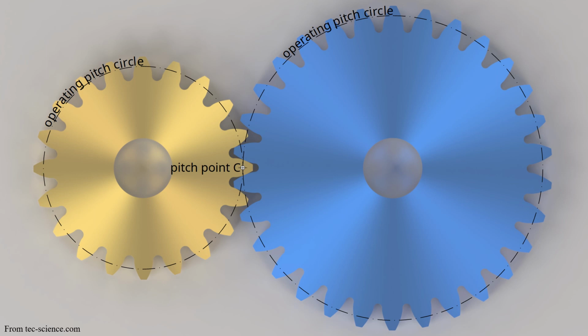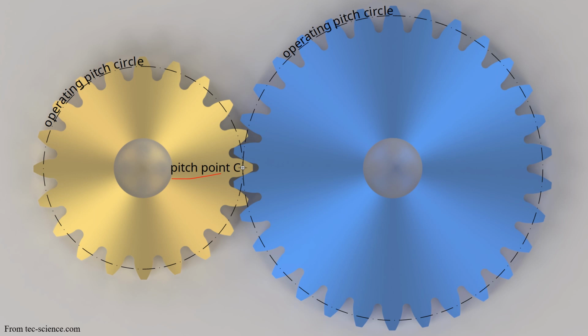Now, if I consider that point C, in terminology we call this point the pitch point. This pitch point C is the point where, hypothetically, these two gears are mating or engaged with each other.